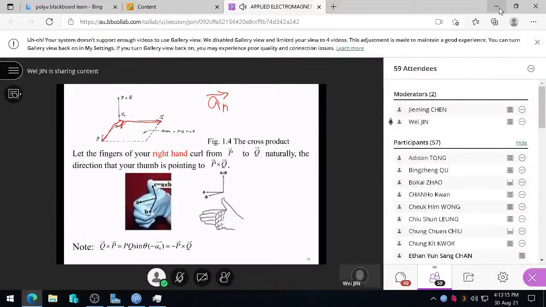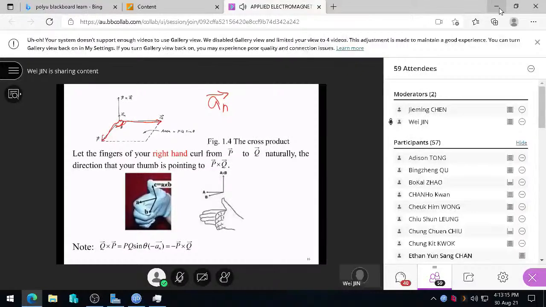The magnitude is this. P and Q have angle theta. We can draw a line parallel to P and a line parallel to Q, and form a parallelogram. The parallelogram has an area. The magnitude of this area equals the length of P, times the length of Q, times sine theta.